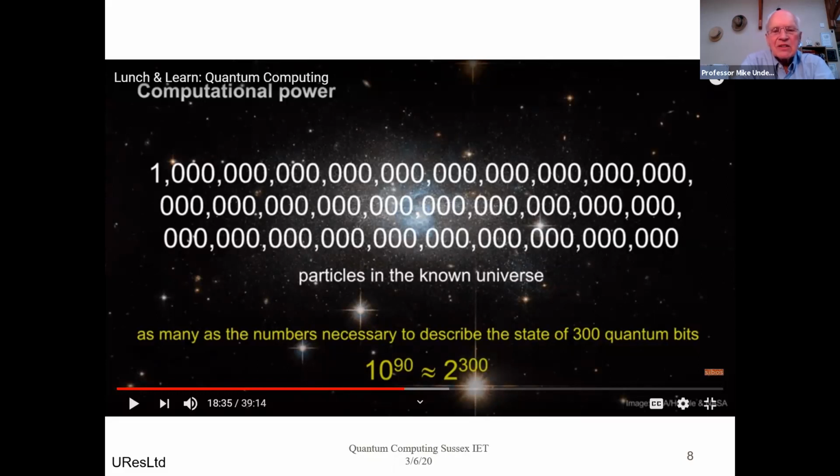So 10 to the 90 is equal to 2 to the 300. So if the target is to simulate everything, we now get to see the nature of the problem. Now, in a way, 300 quantum bits is not an impossible target. That's an important point which comes out of his talk.